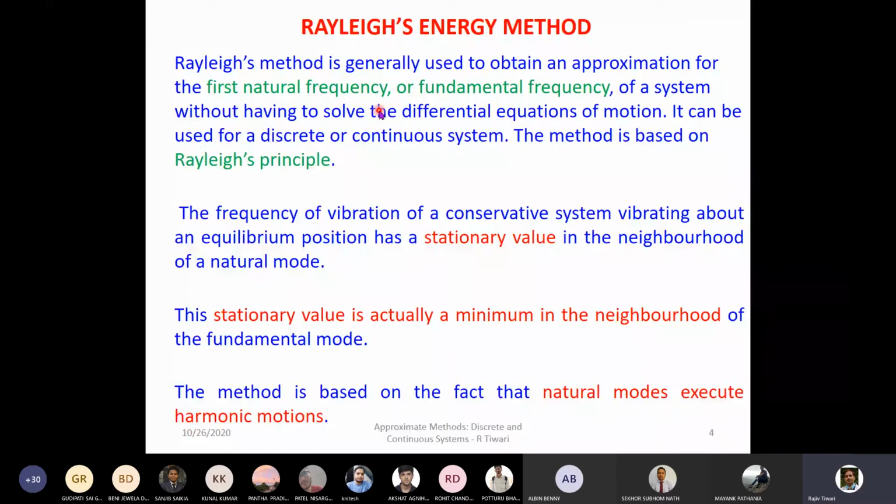Here also we are focusing initially only on the first natural frequency. Maybe in the next class we'll extend this method to more degree of freedom systems.